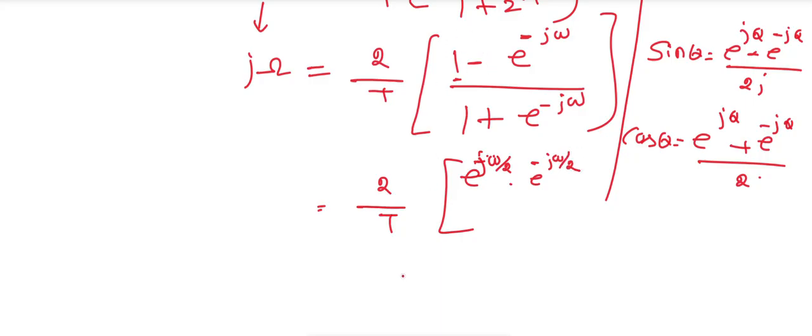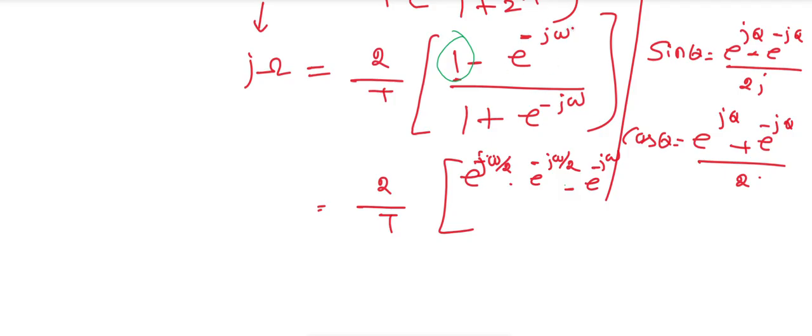The numerator becomes e power j omega by 2 into e power minus j omega by 2 minus e power minus j omega.